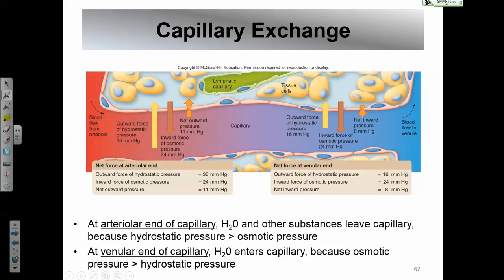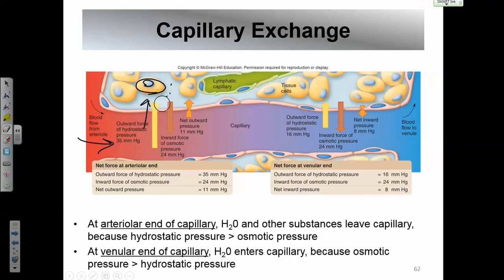Here's the arterial end of blood in the systemic circuit, and then on the right would be the venous end, and then in the middle you're seeing this capillary, and then here's your tissue cells, and this fluid bathes the cells. All right, what we're going to be doing is the substances are going to move either from the blood into that fluid, the intercellular fluid, or substances are going to move from the fluid into the blood plasma.